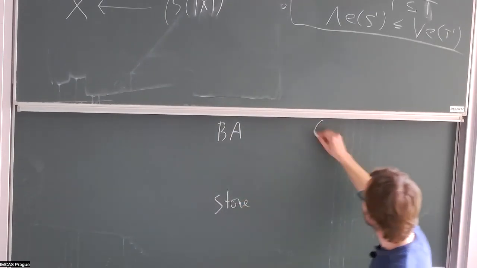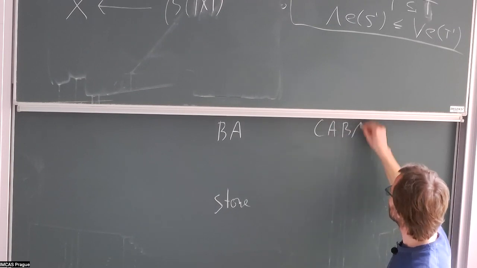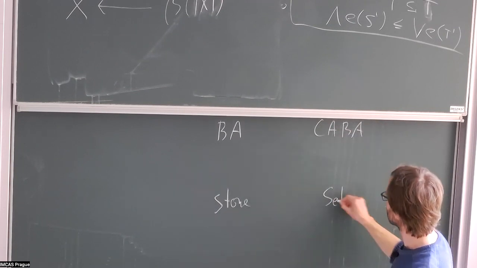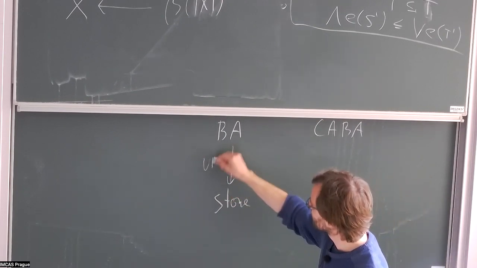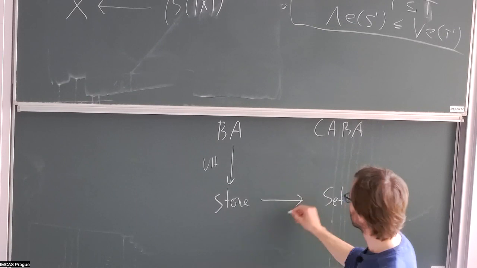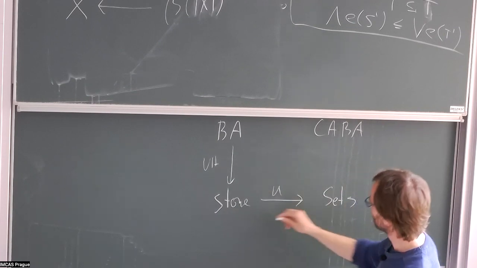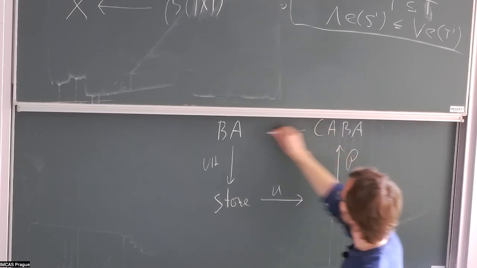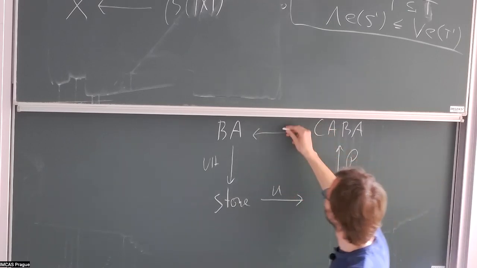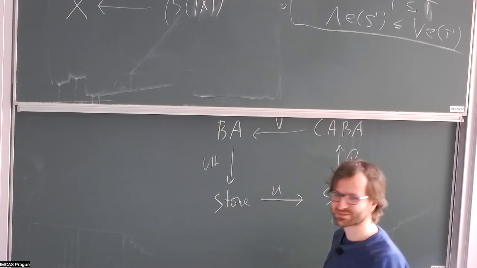And then here you have complete atomic Boolean algebras and sets, right? And you go to Stone spaces, that's the ultrafilter. Then you forget the topology. Then you build a power set, and then you forget that you were complete. That's another forgetful functor. So sort of forget twice.